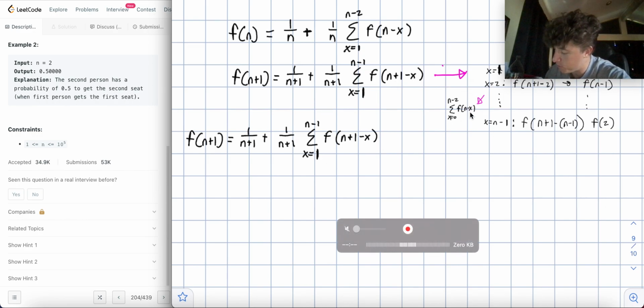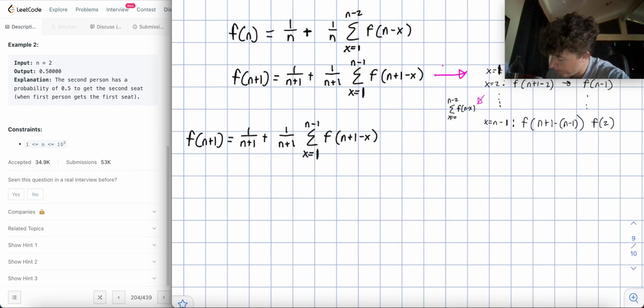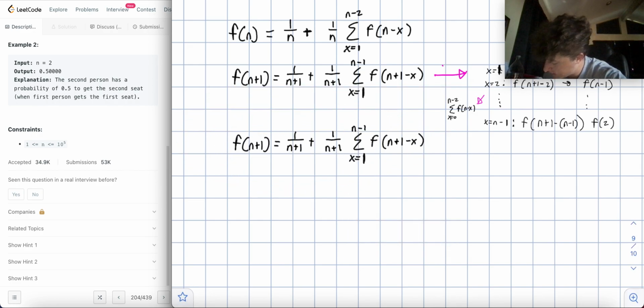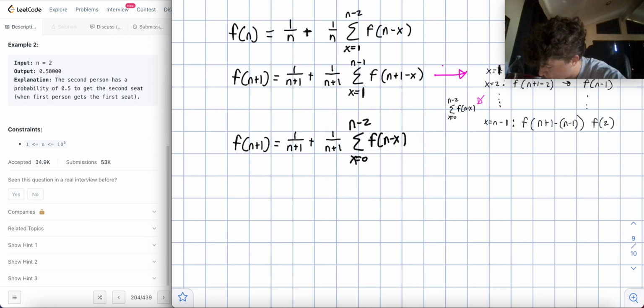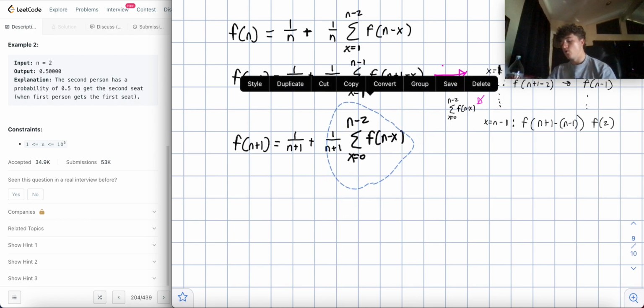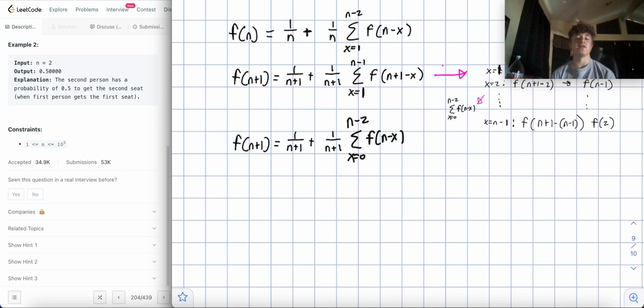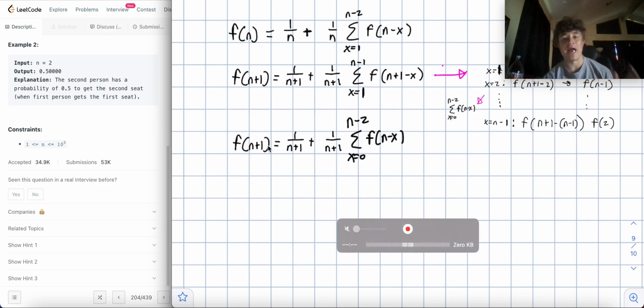So that's what I'm going to do. I just copy this over. And what I'm saying is this summation is equivalent to this one here. Right, these summations are equivalent when you just write them out. And that kind of makes sense, right? Because all we're doing with n plus 1 is we're adding the f of n term. So this just adds the n term to this one.